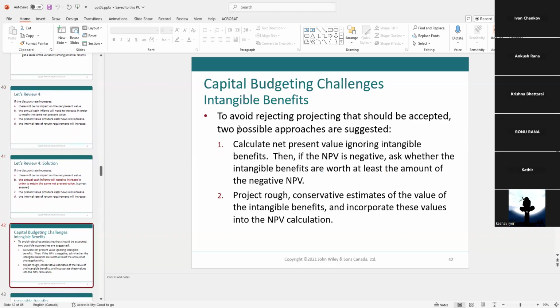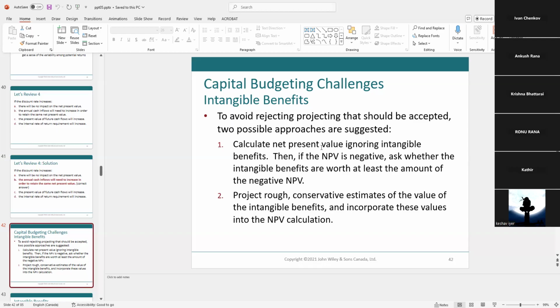Okay, so the capital budgeting challenge is when we have intangible benefits. To avoid rejecting a project, there are two possible approaches. First, calculate the net present value by ignoring intangible assets. Intangible assets are anything qualitative.